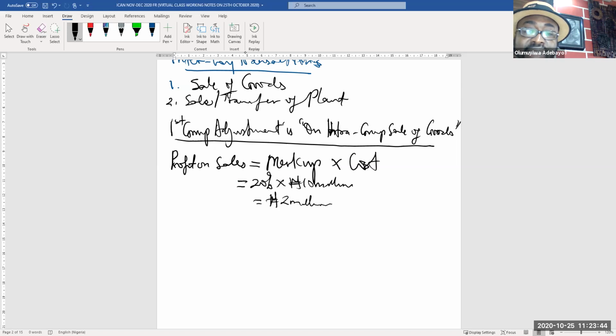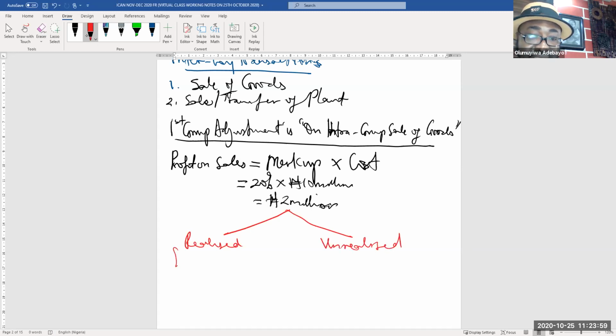Now, this 2 million naira, as I've said earlier, we now have to analyze it into portion realized and portion what? Unrealized. And the basis of apportionment is that the portion that was eventually sold by the subsidiary to a third party is realized. The portion that remained unsold is what? Unrealized. Now let's go back to the question.